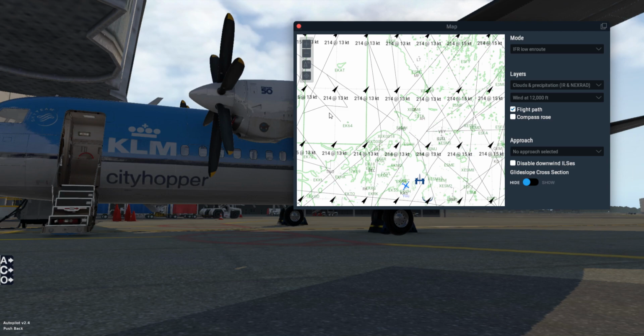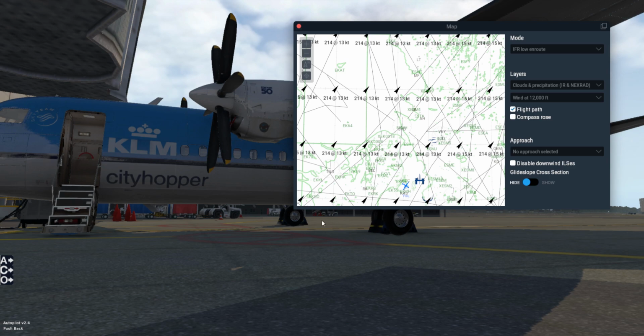And for this particular flight, we would be doing the method with using navaids.